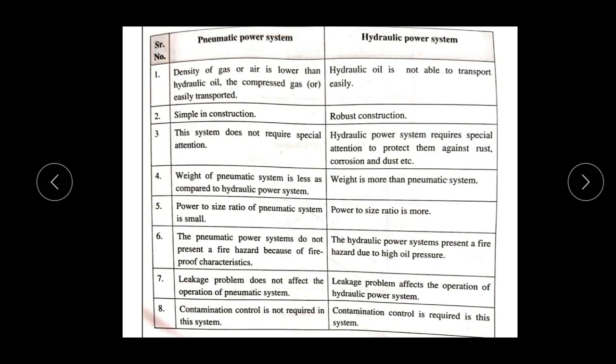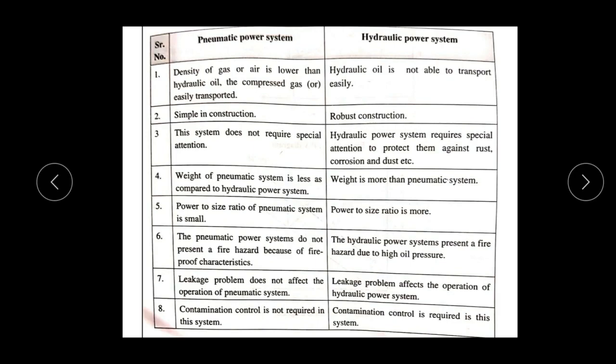As we can see, the left side column is pneumatic systems. In pneumatic power systems, the density of gas and air is lower than hydraulic oil, and the compressed gas is easily transmitted. In hydraulic power systems, the hydraulic oil is not able to be transmitted easily.